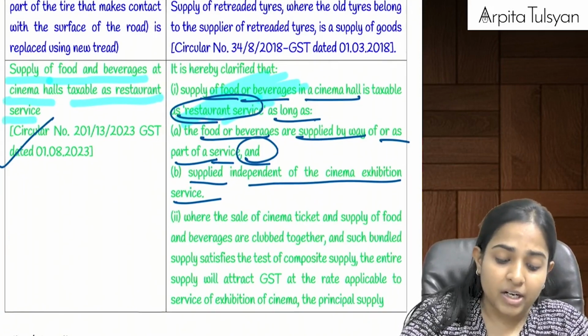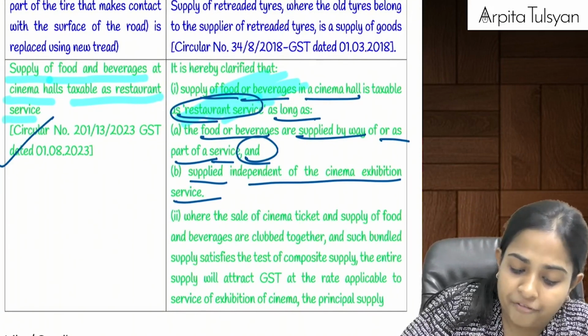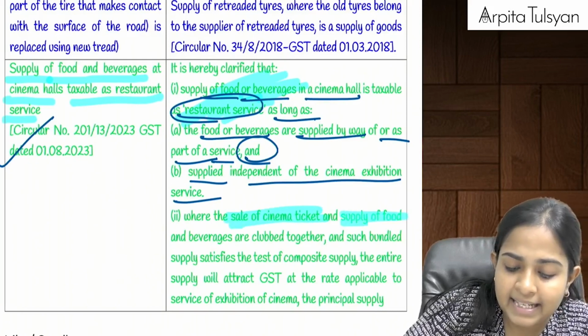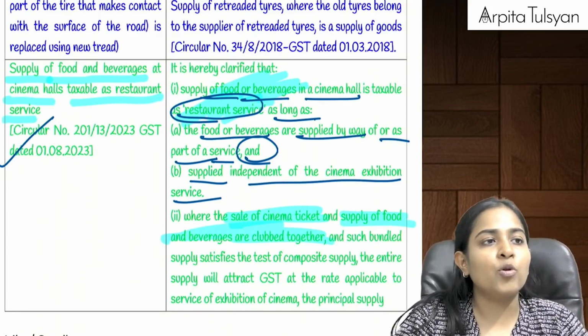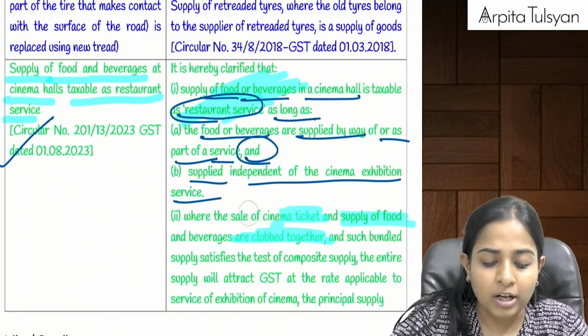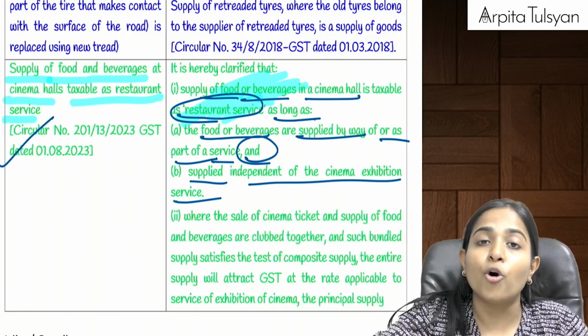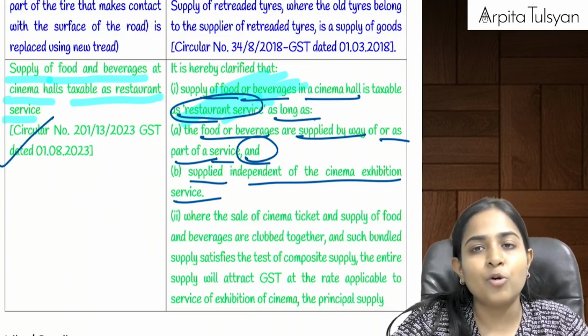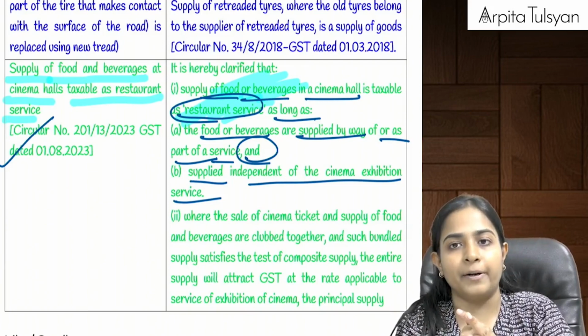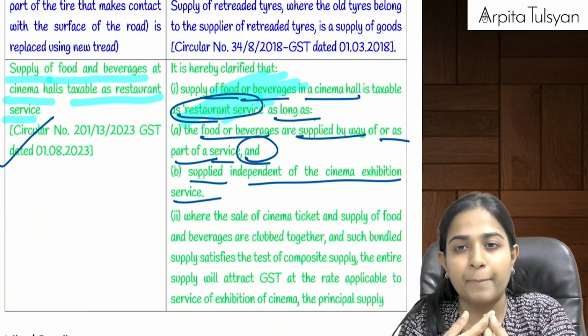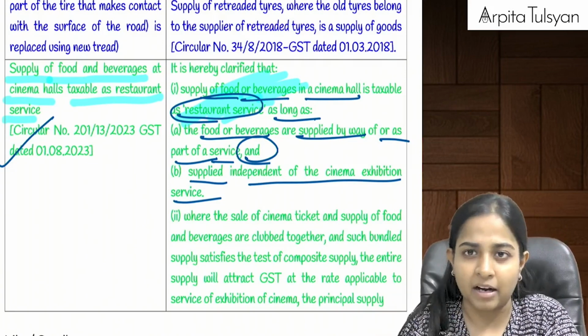But suppose the sale of the cinema ticket and the supply of food and beverages are clubbed together. Many a time, I don't know if you have observed it or not, while booking tickets on Book My Show, they ask you whether you want to pre-book the Pepsi, Coke, popcorn, etc. with the tickets.